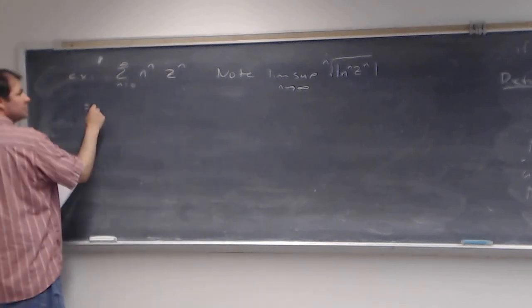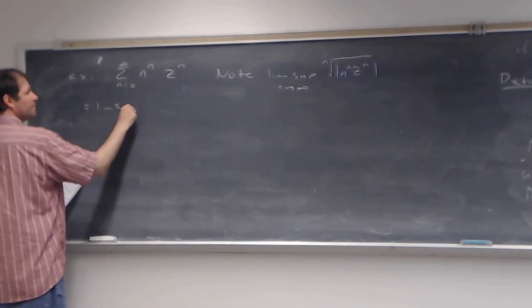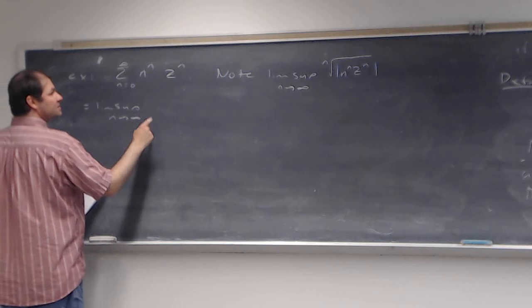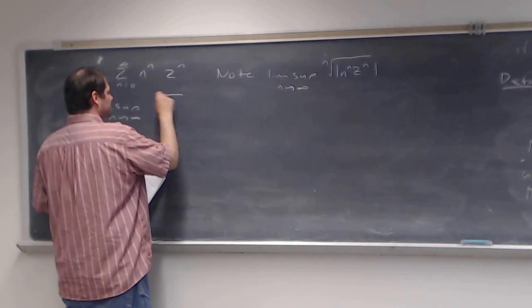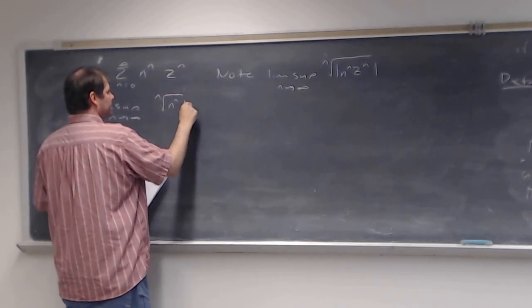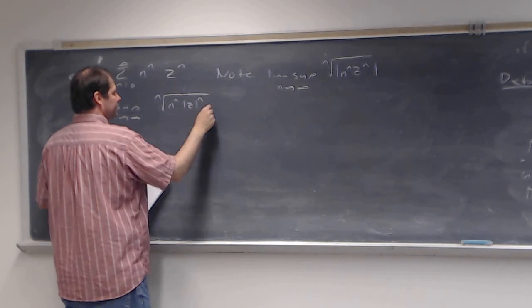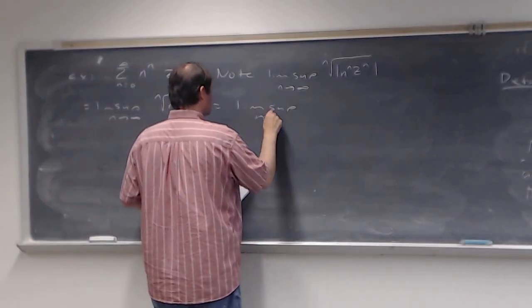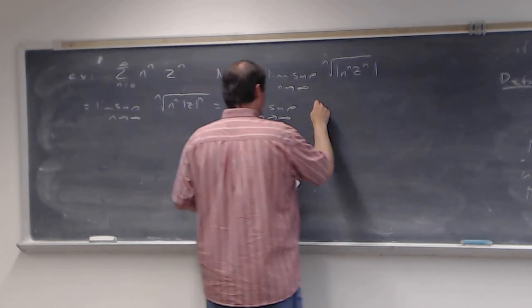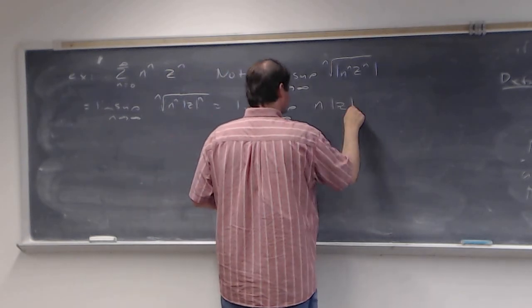This is equal to the lim sup as n goes to infinity. Okay, this will be the nth root of n to the n times the norm of z raised to the n. It's equal to the lim sup of n times the norm of z.